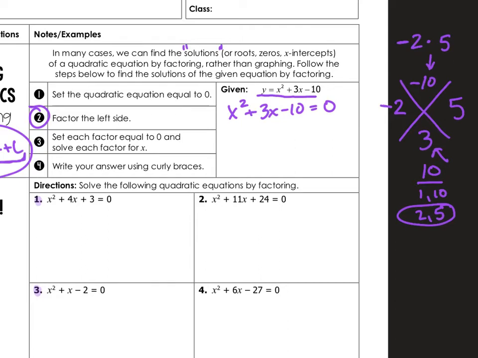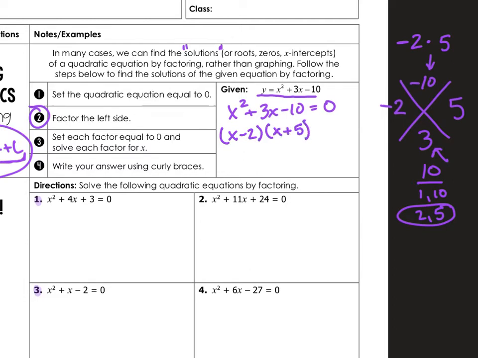So we can test that out. Negative 2 times 5, negative 10, yes. And then negative 2 plus 5, if I plug that in a calculator, positive 3. Good. So negative 2 and positive 5 are the factors that we want. And so to put this in factored form, I'm going to have x minus 2 times x plus 5.